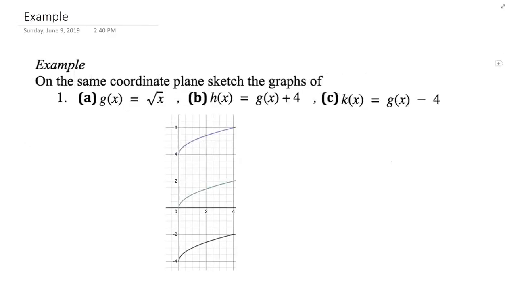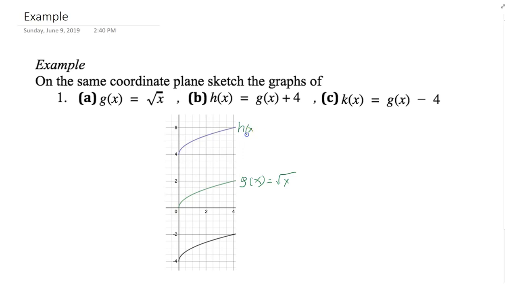Let's look at some more concrete examples. Let us say g of x was equal to root x. So g of x right here is our green curve. And let's say g of x plus 4 was h of x.